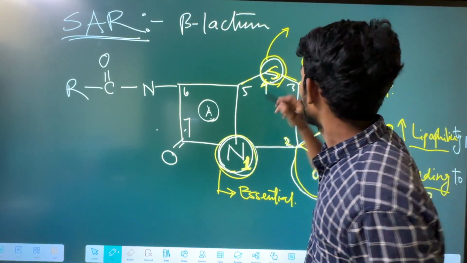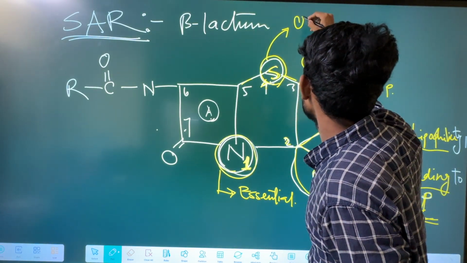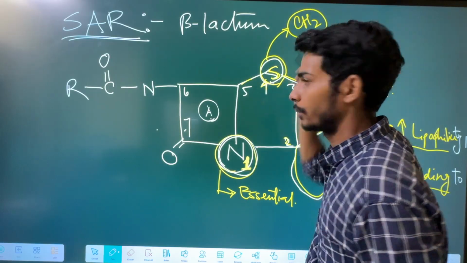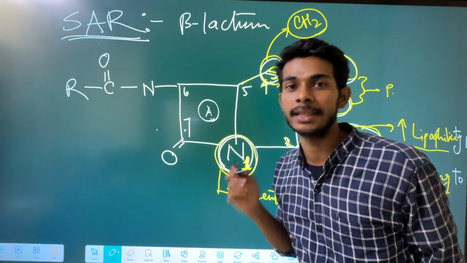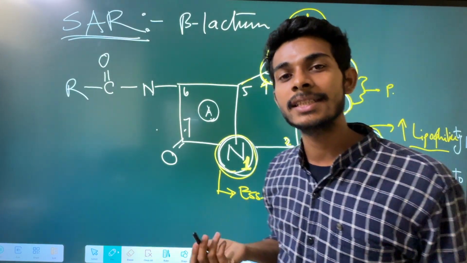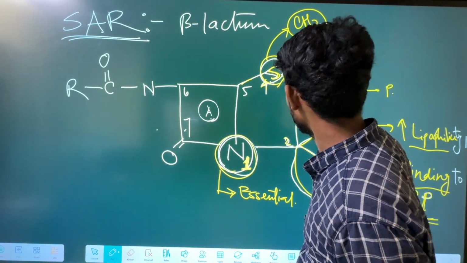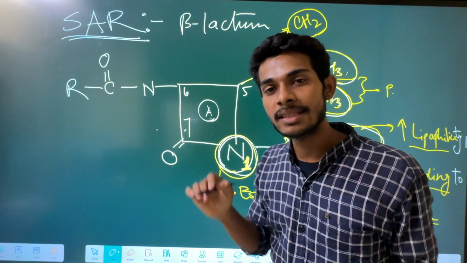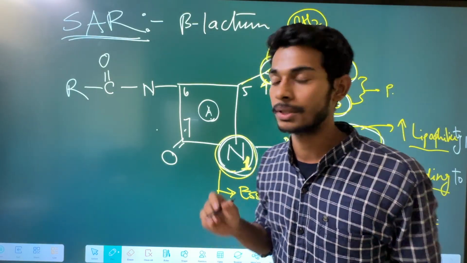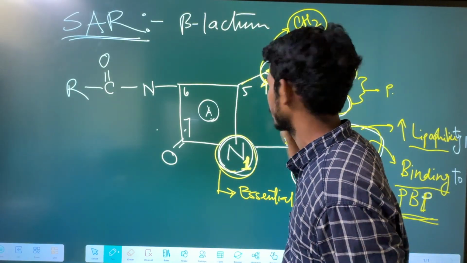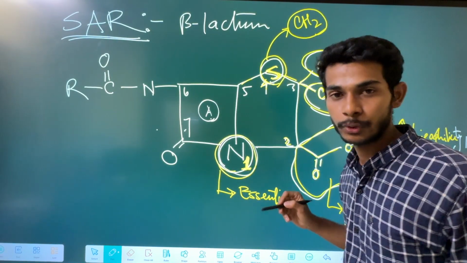When you replace it with only a CH2 group, that is an alkyl group, only the stability will increase. But if stability is increasing and activity is decreasing, then there is no value. So it is better to have a little less stability but more activity. That's why the presence of sulfur is very, very important at the fourth position.